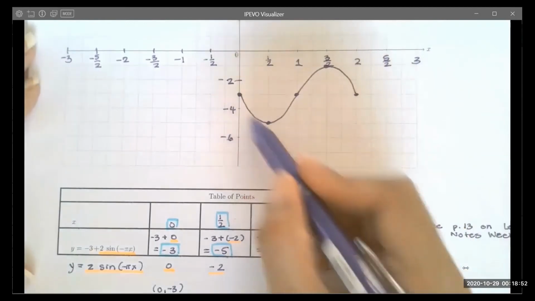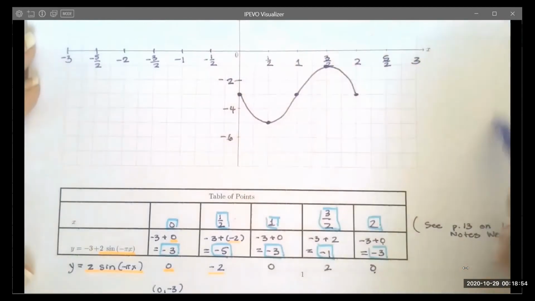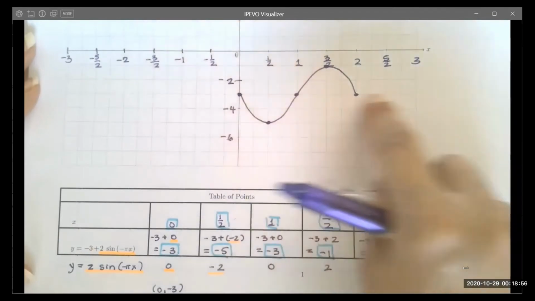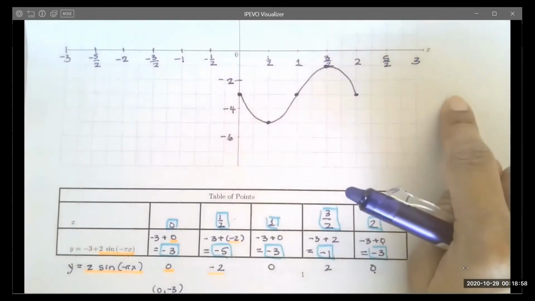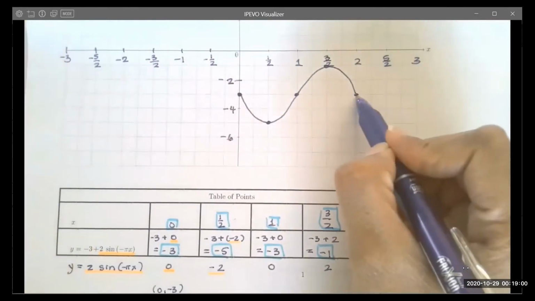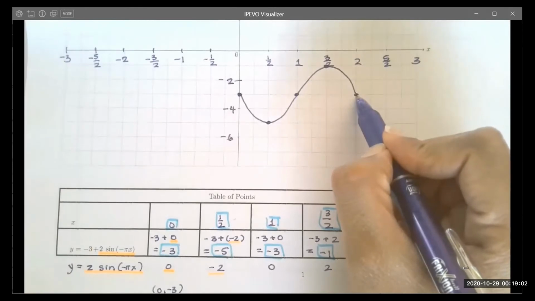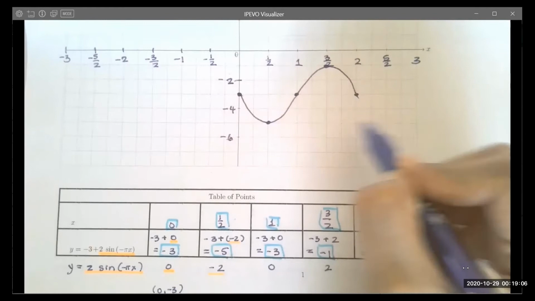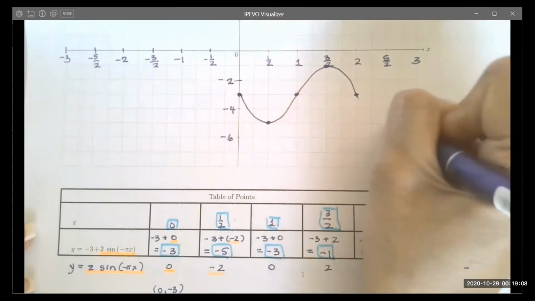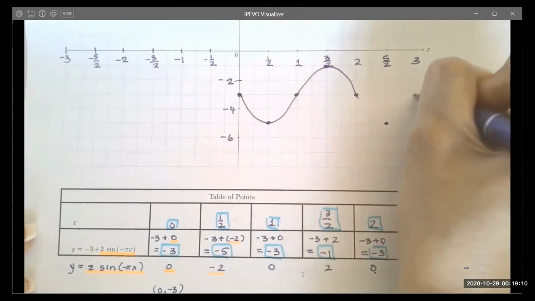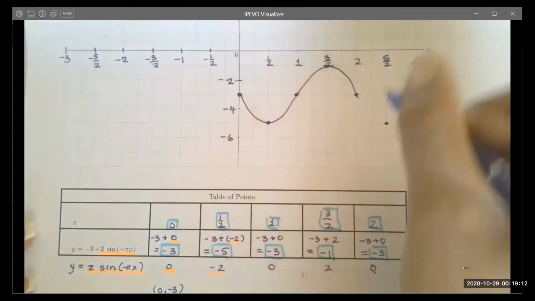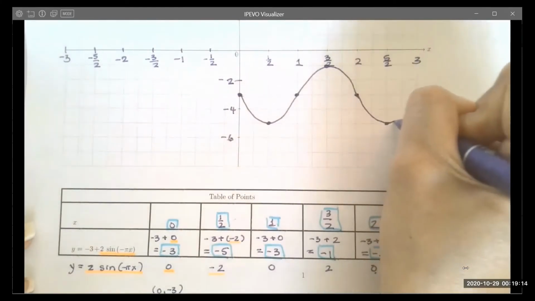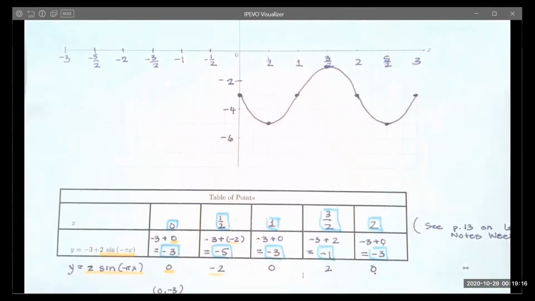The graph keeps oscillating back and forth with this line as the center of it all. So after it reaches that neutral point, it's going to go down to a negative 5 again and back up to the negative 3. And so we're going to see this behavior happening.